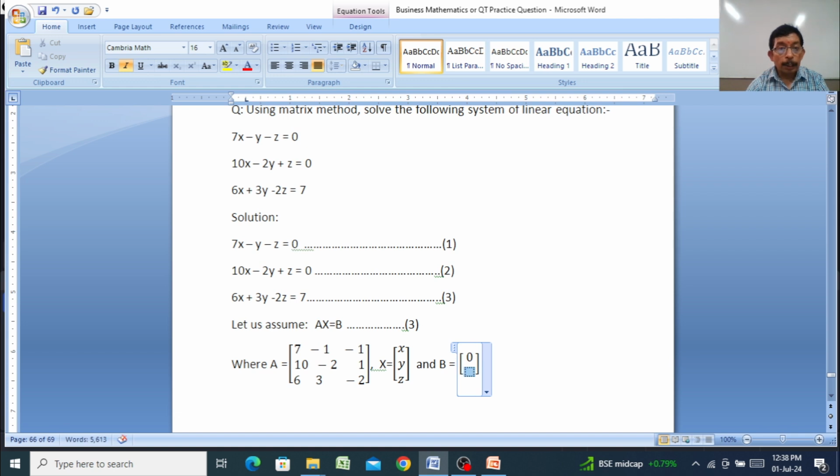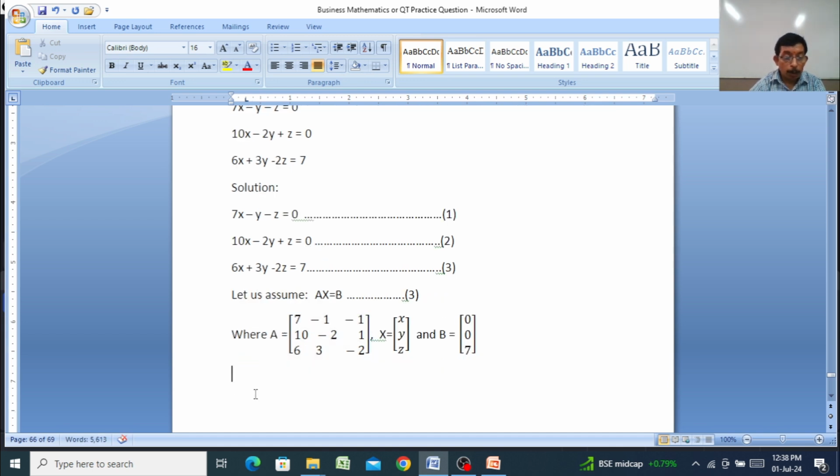In the second equation, the right hand side value is 0, note down again 0. In the third equation, the constant value on the right hand side is 7, note down 7. This is the value of B. It is clear, everyone?